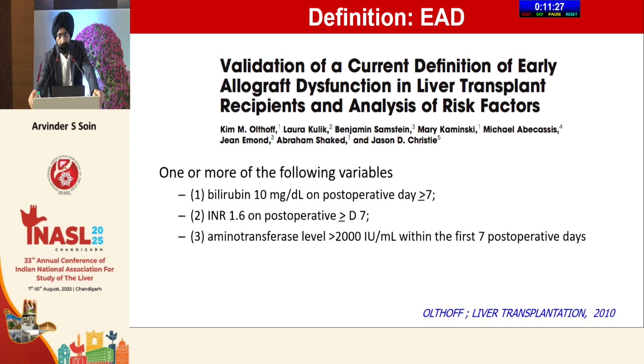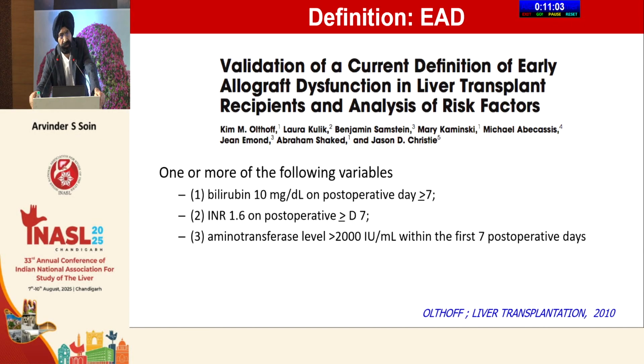So this has been defined in various ways by various authors, depending on their experience, but this definition has actually held sway over the others for the last 15 years. This is when initially things go well after living donor liver transplantation. And then on day 7 or later, you get a rise in bilirubin.